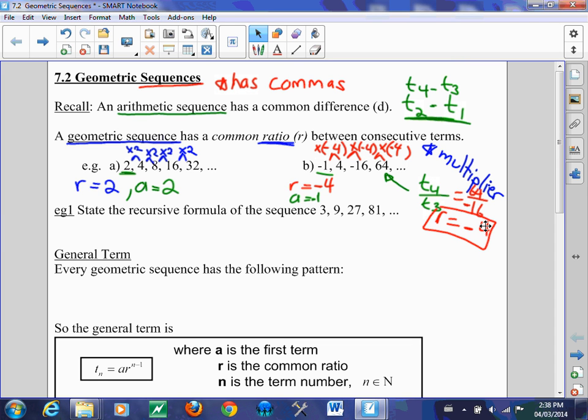Again, you just have to recognize the patterning. Notice there are commas, so that's a sequence; that's going to change next day when we see plus signs. But you also have to be able to differentiate when it's arithmetic or geometric.